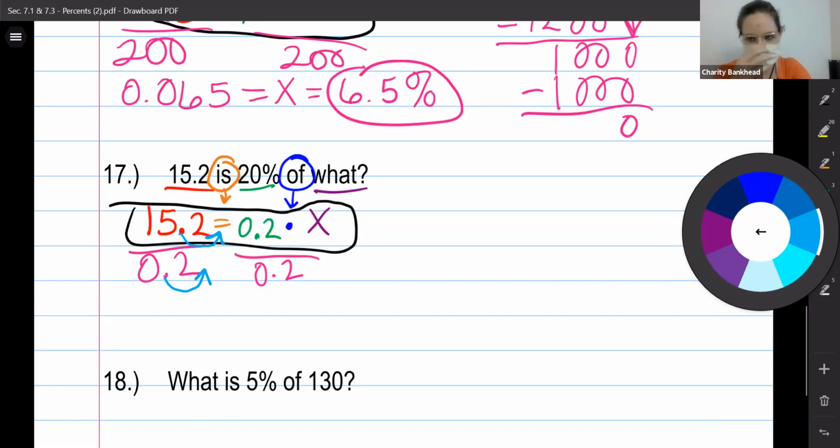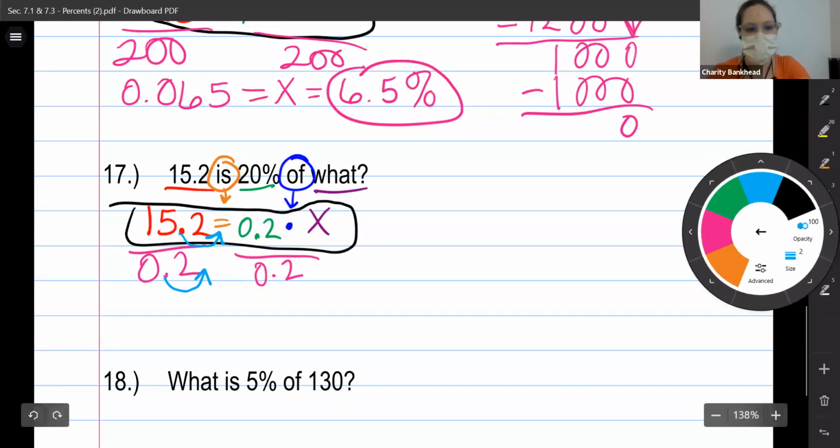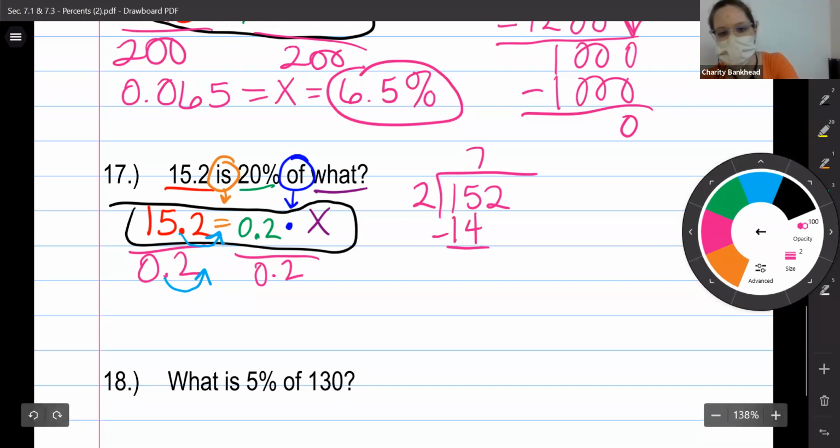So then it's basically 152 divided by 2. So 2 would go into 15 7 times. 7 times 2 is 14. 15 minus 14 is 1.